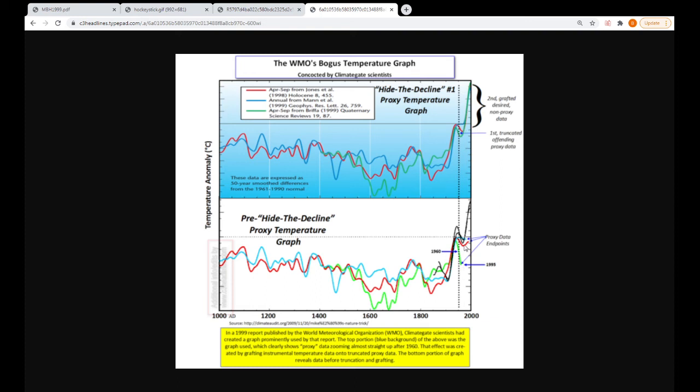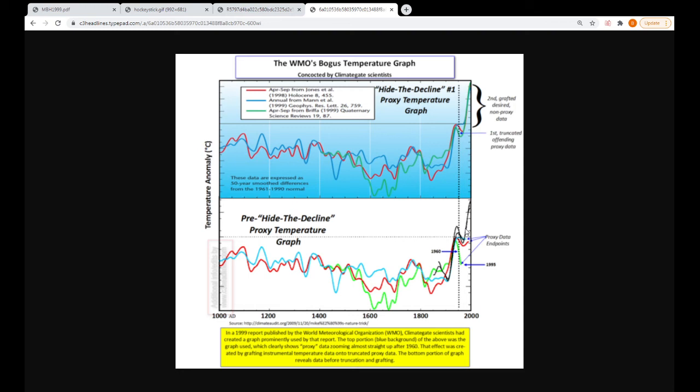The data after 1960 in Briffa's line were deleted, and then in both cases, the modern instrumental record was spliced onto the new ending point, effectively replacing the proxy record with the instrumental record, and then the final result was displayed as a single line.